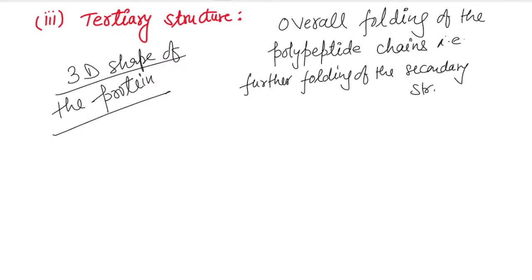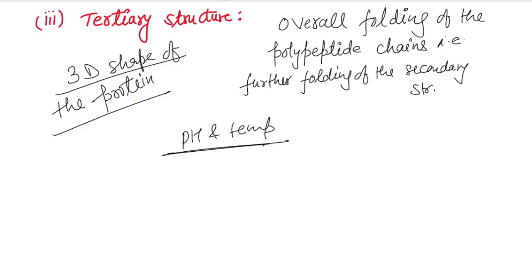Okay, at normal pH and temperature, each protein will take up a shape that is energetically most stable. At a particular pH and temperature, each protein has a particular shape, which we can call the most stable, energetically most stable, 3D arrangement.